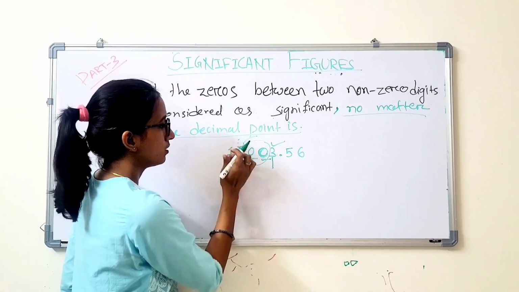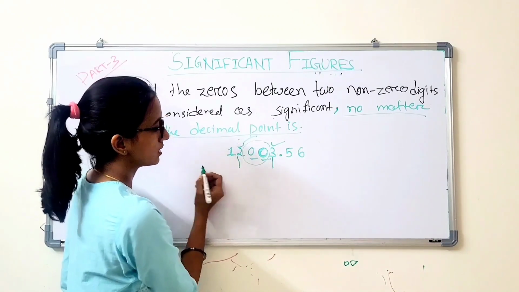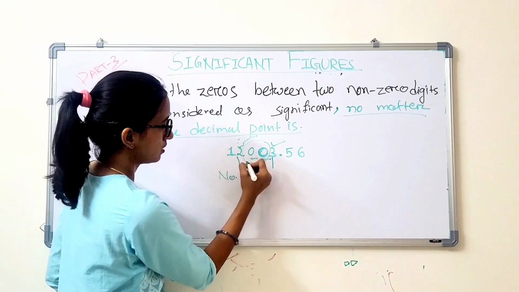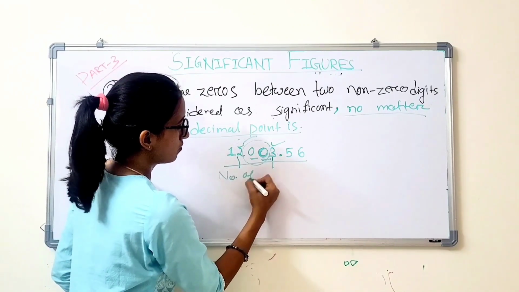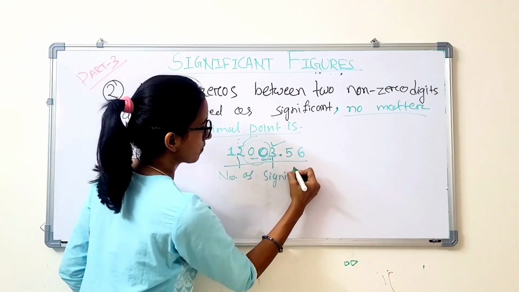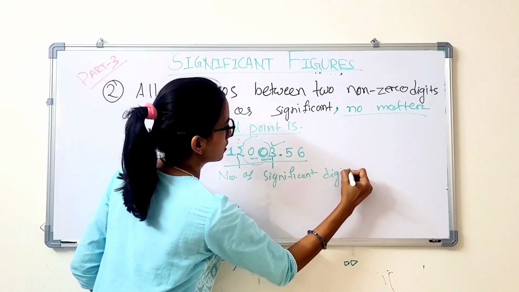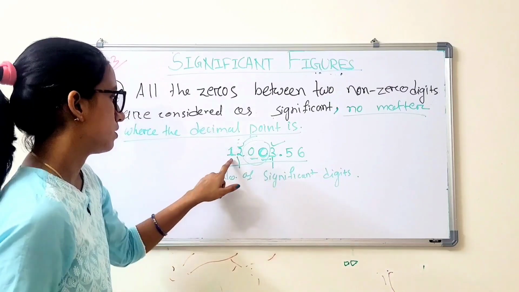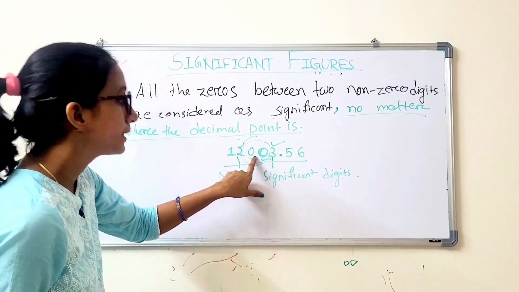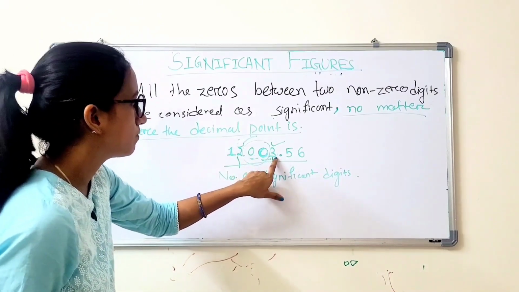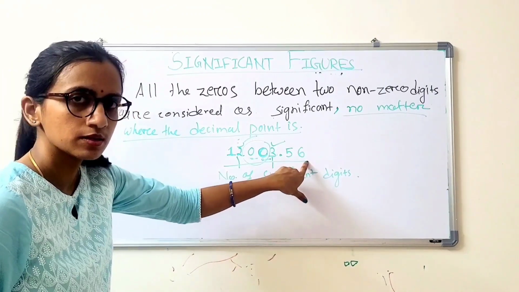So from this example, can you tell me how many significant digits are there in this question? The number of significant digits here will be 1, 2, 3, 4, 5, 6, 7.